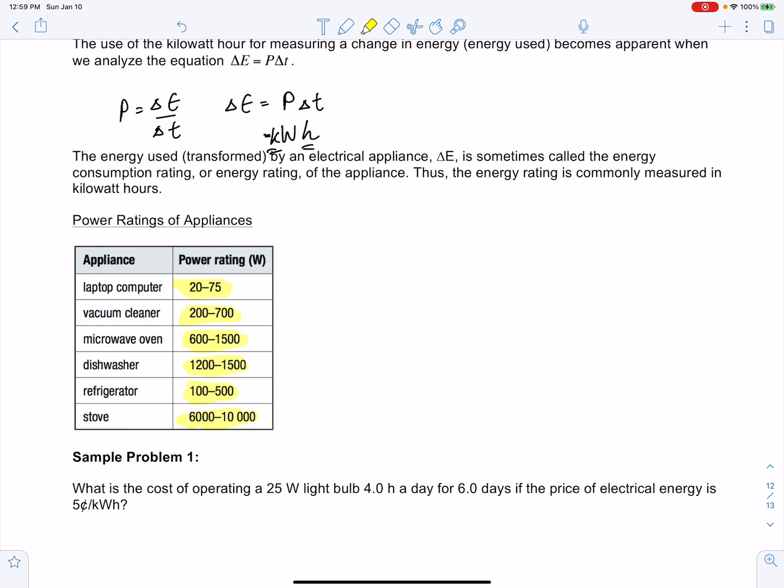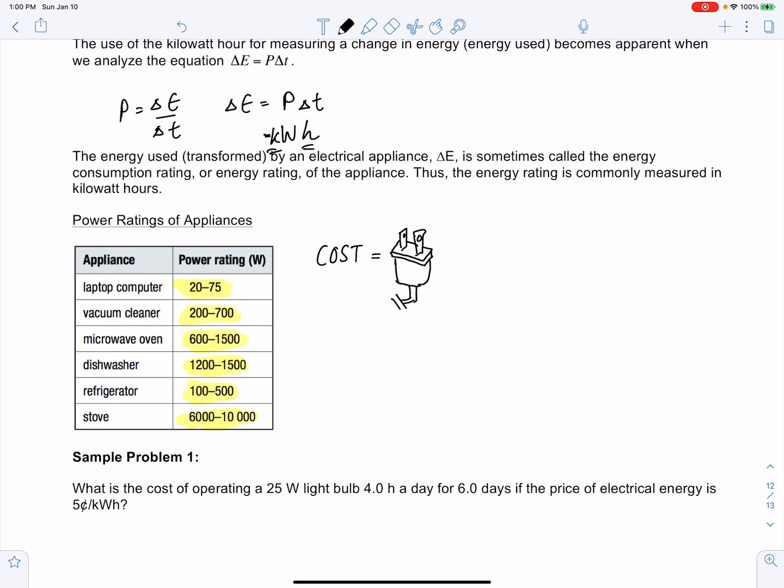Now, in order to calculate the cost of using these devices, I'm going to draw you a little picture, and this little picture is the equation. We're going to look at the different things that affect how much money you spend on electricity. The first thing is the device itself. Different devices, as we mentioned in the table, use different amounts of electricity. So I'm drawing this plug to represent the different devices you can use.